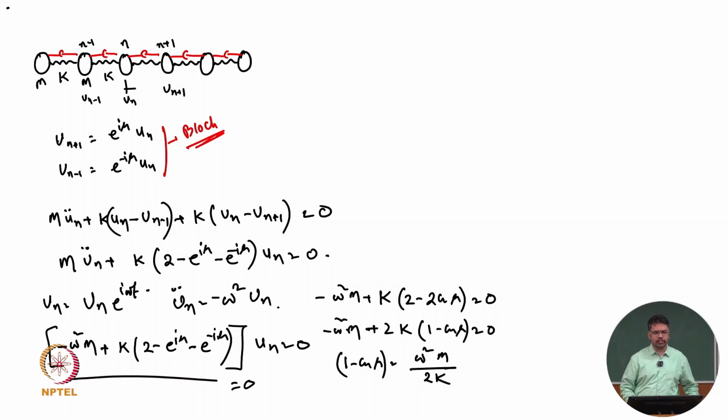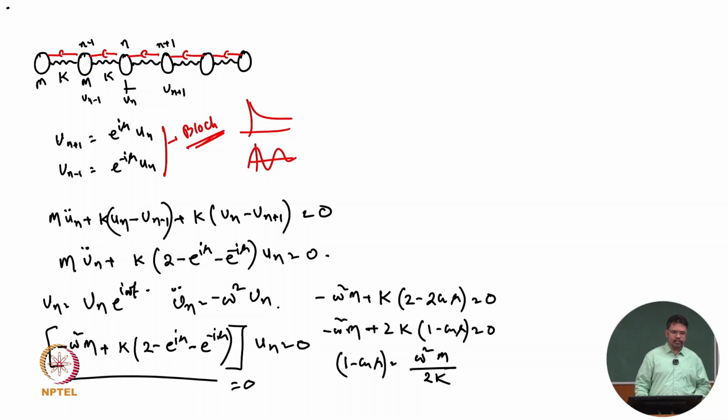No, there will be no change. Because we have seen the generality of the Bloch theorem, that it can take care of the logarithmic decrement, an exponentially decaying wave, or a propagating wave. There mu can be real, imaginary, or complex. This way it can cater to all the different cases. So the Bloch theorem will still be valid whatever it is.